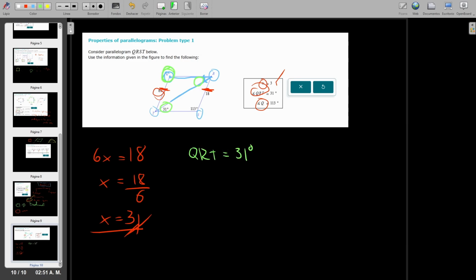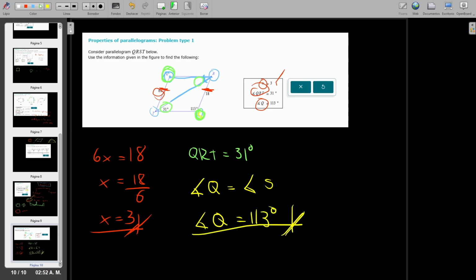And now the angle Q. That means the opposite angles are going to be of the same value, meaning angle Q is going to be the same as angle S. So angle Q is going to be 113 degrees. And those three will be the answers for this operation and for this homework.